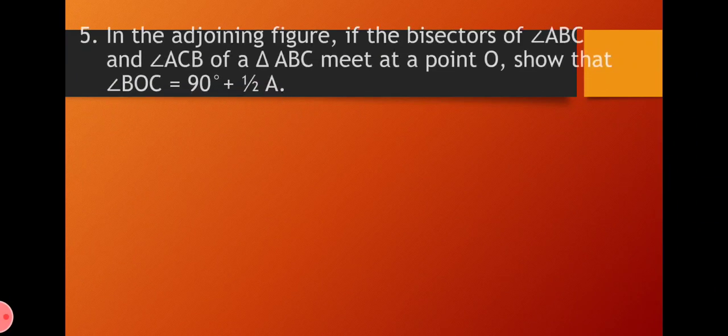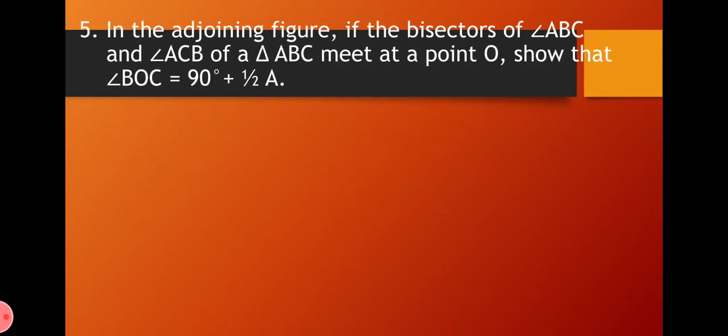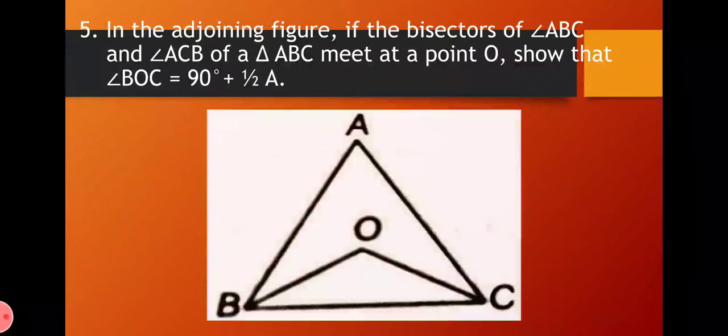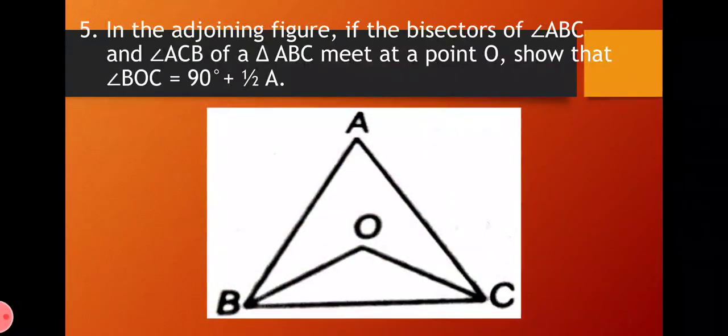Next question, that is question number 5. In the adjoining figure, if the bisectors of angle ABC and angle ACB of a triangle ABC meet at a point O, show that angle BOC equal to 90 degree plus half angle A. Yes, let's see the figure once.